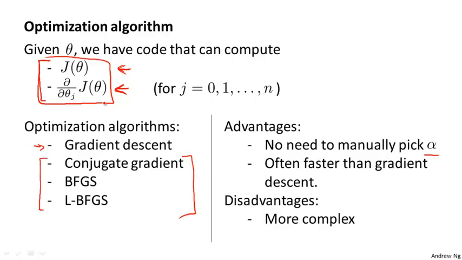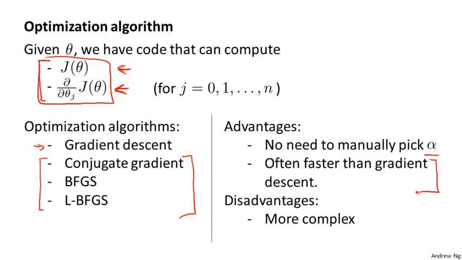These algorithms actually do more sophisticated things than just pick a good learning rate, and so they often end up converging much faster than gradient descent, but a detailed discussion of exactly what they do is beyond the scope of this course.